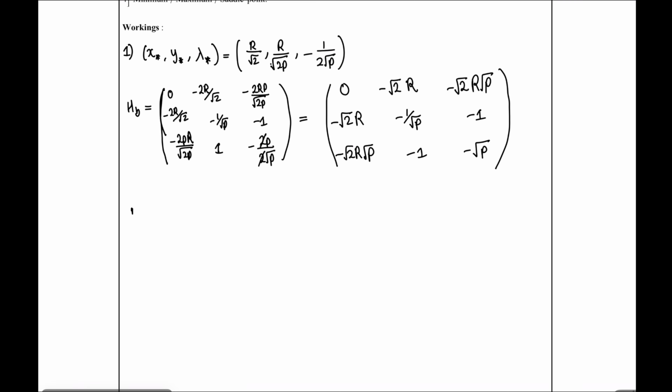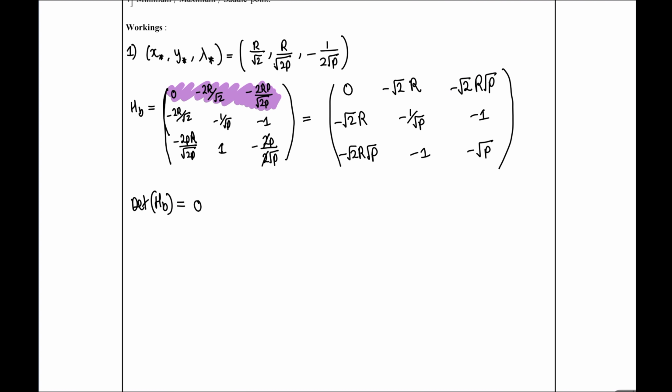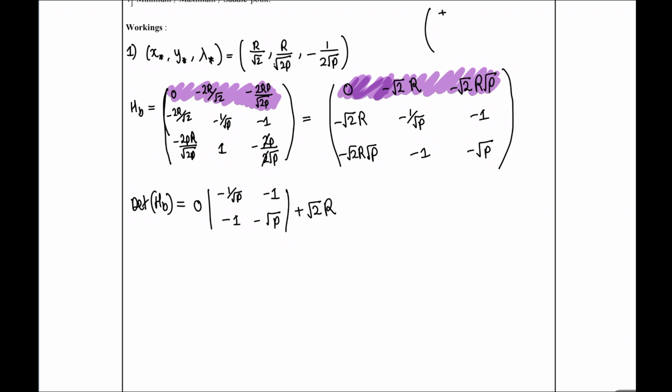If we now work out the determinant of this Hessian, I will just use this top row. We get 0, and then the matrix of minor would be minus 1 over root p, minus 1, minus 1, minus root p. And then we get minus root 2r, but this will change to a positive sign because of this matrix.